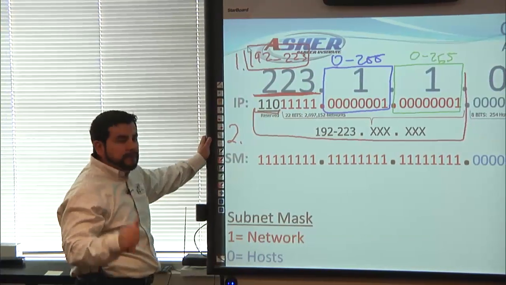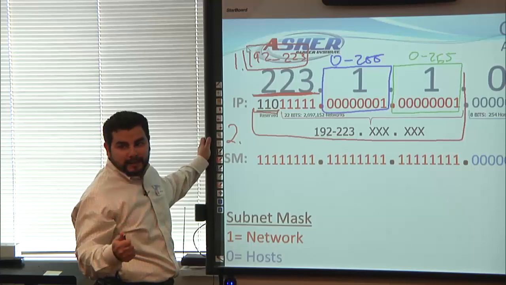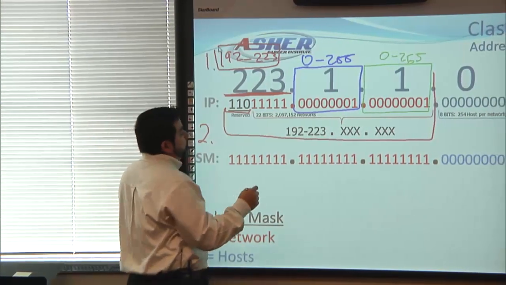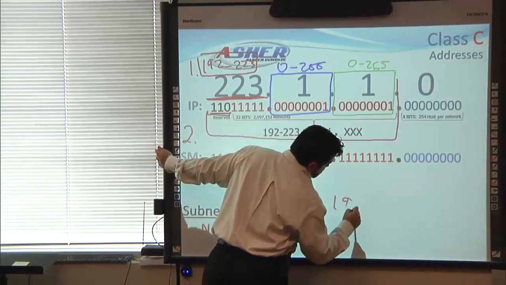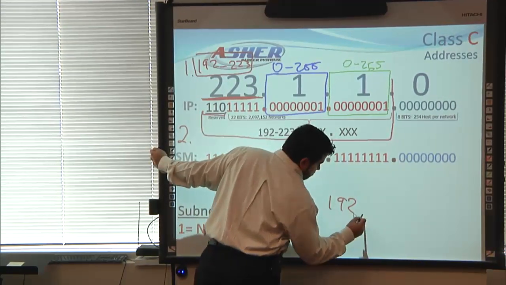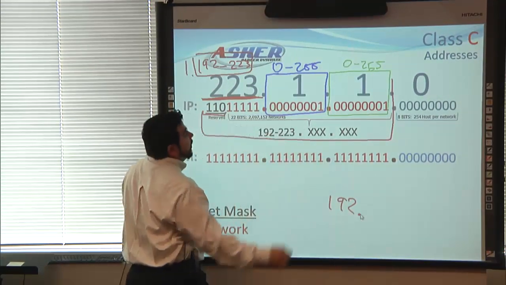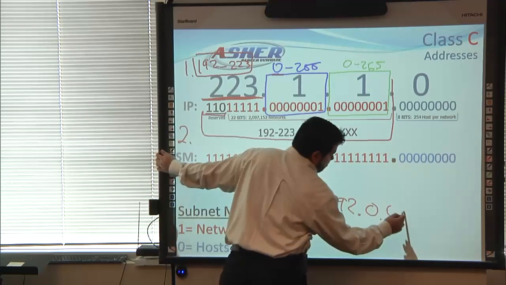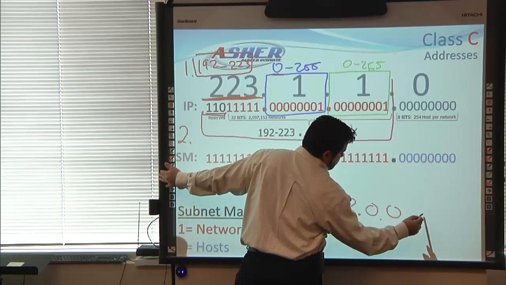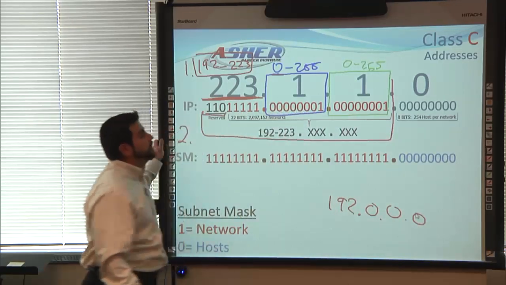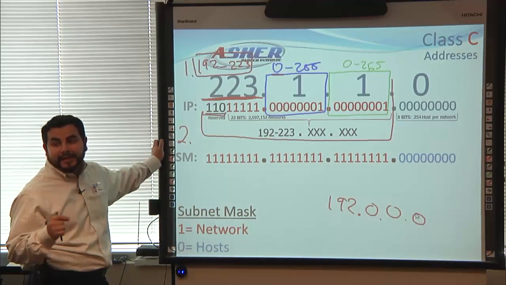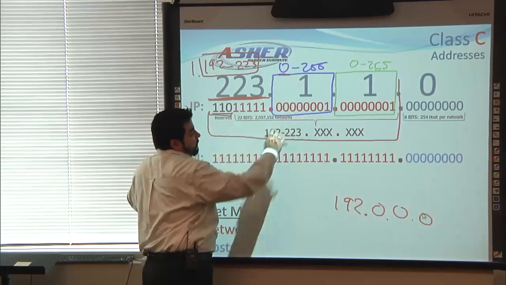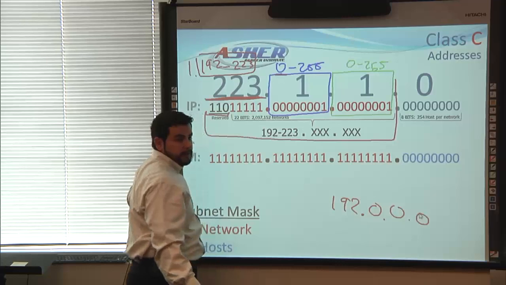So what would be the very first Class C IP address? 192.0.0.0. This would be the very first Class C IP address. Because this number can be anything. It's the first one that has to be a 192.